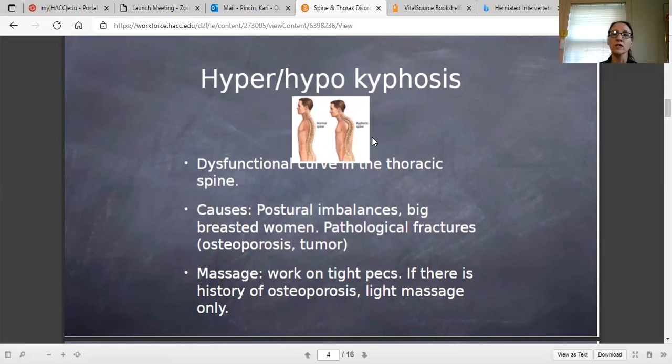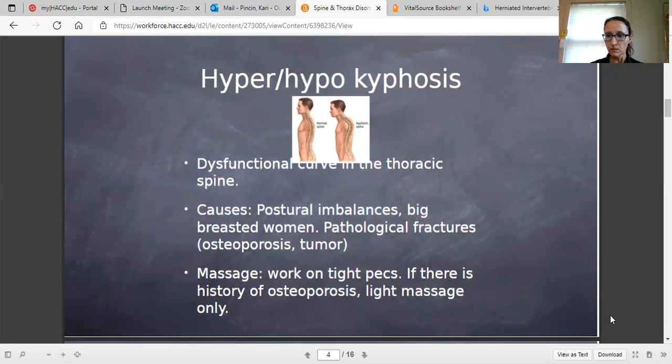The causes, of course, are going to be postural imbalances, people with a lot of weight on the front of their chest, like someone who is large-breasted. Osteoporosis can cause hyperkyphosis because the bone itself is not strong enough to hold the head and neck anymore. Those are the main causes.